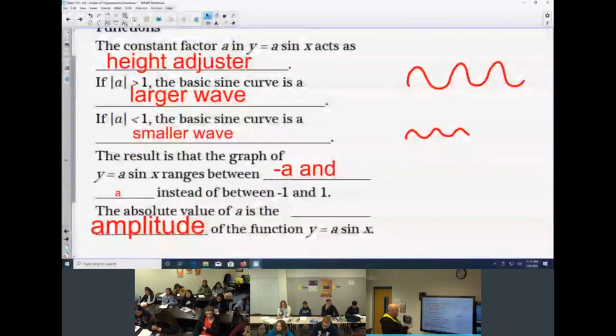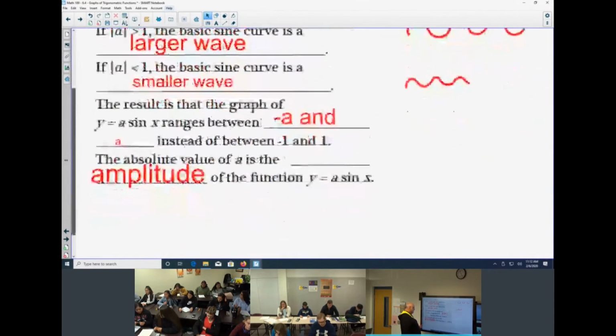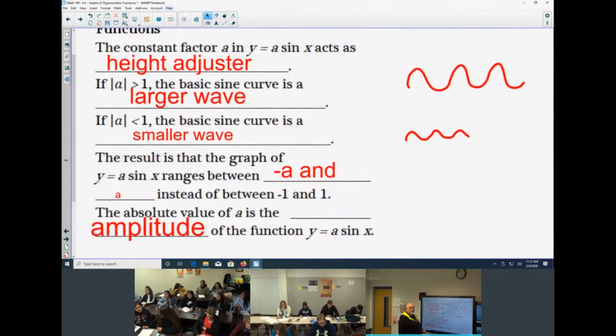So it makes the wave bigger. So the absolute value of a is called the amplitude of the function. So in y equals a sine x, the absolute value of a is the amplitude.